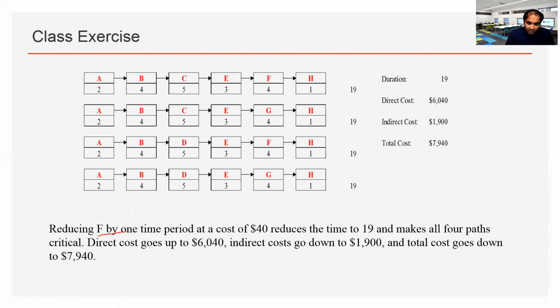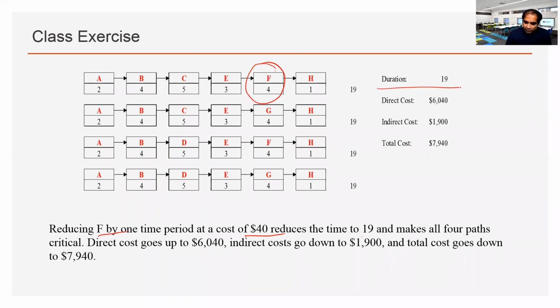So reducing F by 1 unit to 4 days will give us the shortest duration of 19 days.